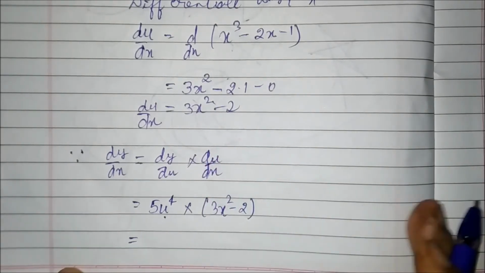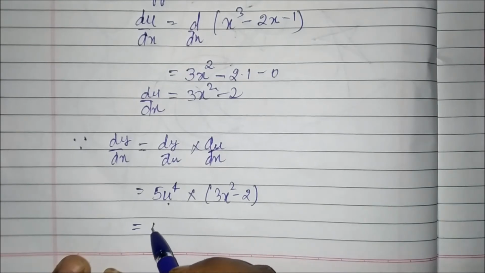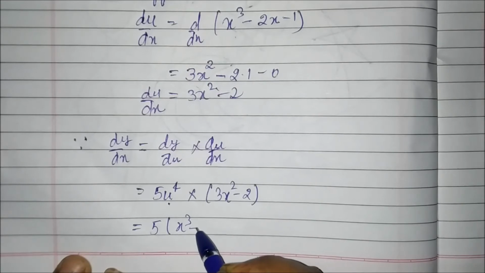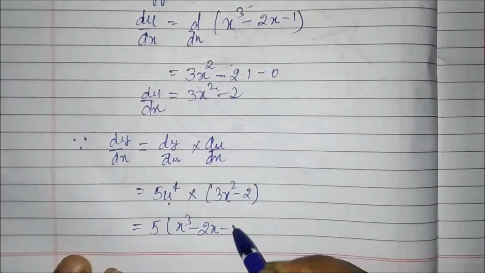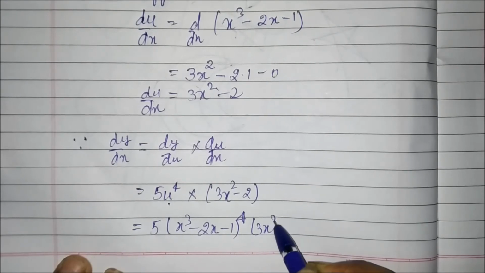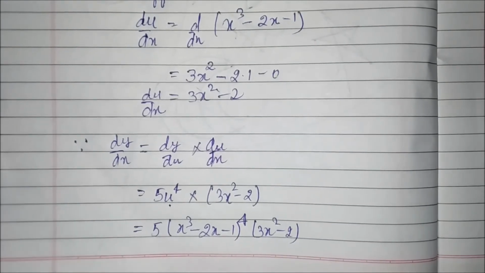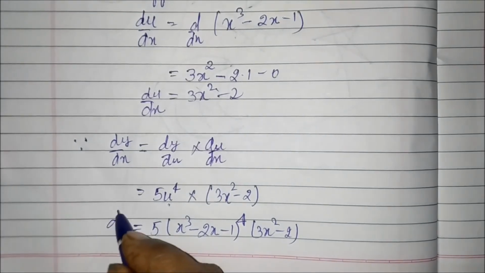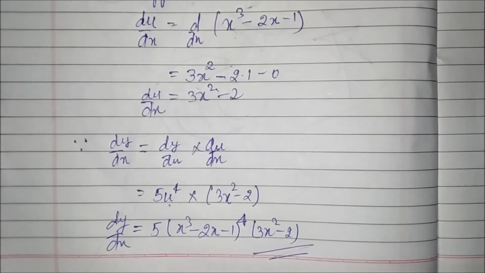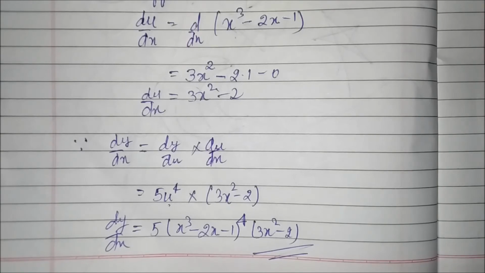So replacing with that, we get 5 into (x cube minus 2x minus 1) raised to 4 into (3x square minus 2). So this is your dy by dx. This is the final answer. Understood?